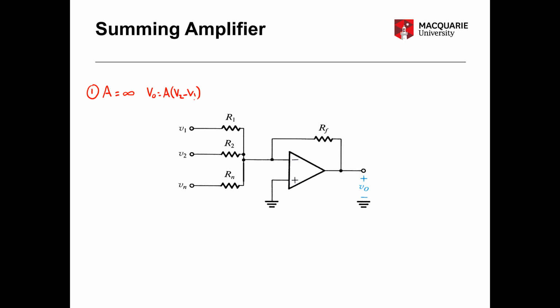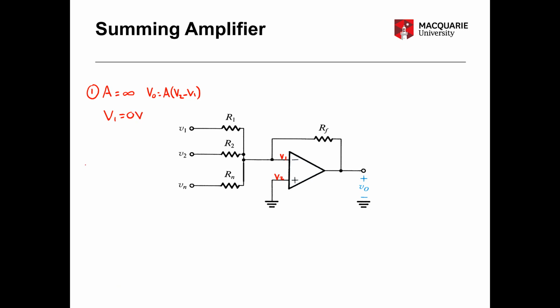So for more details on this particular step, you can look back at the ideal inverting op-amp configuration video. So if we know we have a virtual ground, then we know that not only is V2 at 0 volts, but V1 is also at 0 volts.